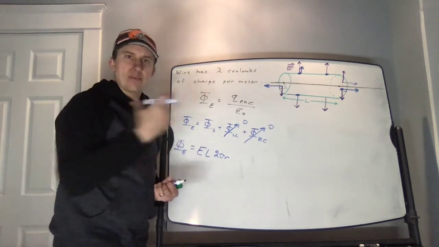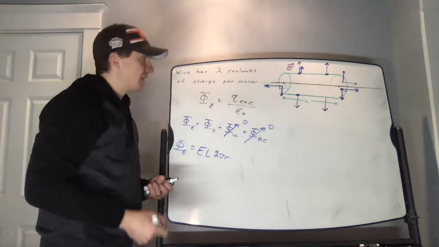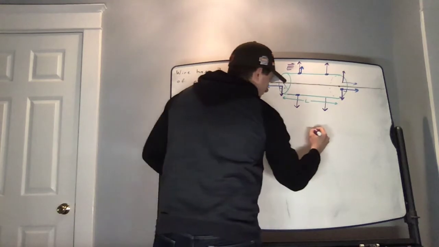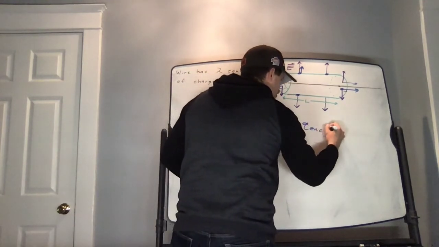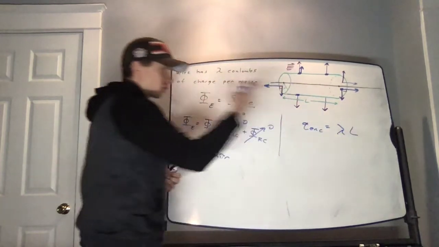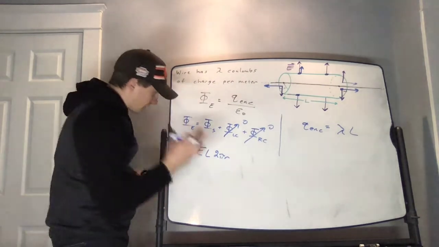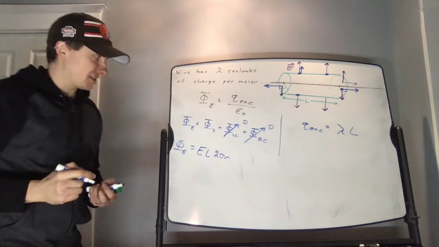If I have 3 meters of wire, I will have 3 times lambda coulombs of charge. For a cylinder of length L, I could say Q enclosed will be equal to lambda times L, total coulombs of charge.